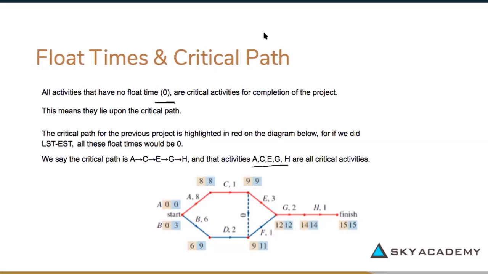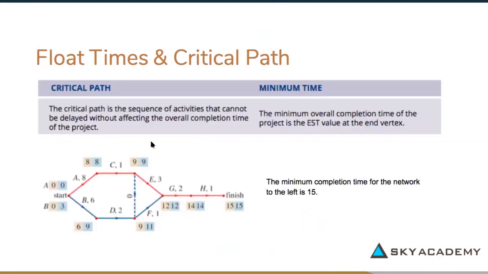The critical path is simply the order of activities that cannot be delayed without affecting the completion time. So in a critical path, nothing can go wrong, and it's critical that it gets completed on time.